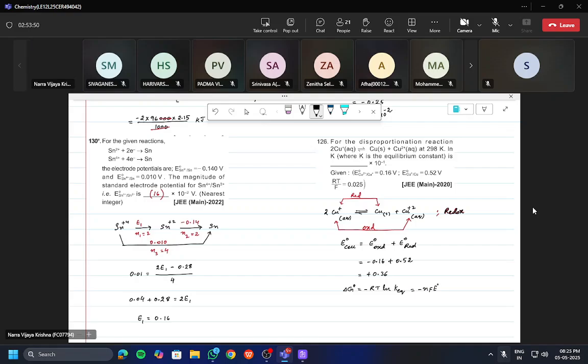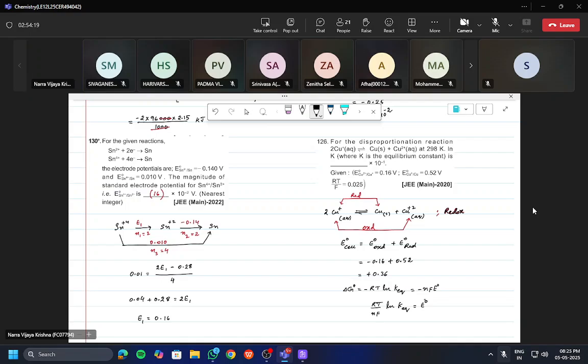Correct. I am equating these two. Minus minus is gone. So what do you get? ln k equilibrium is equal to NF E naught upon RT.